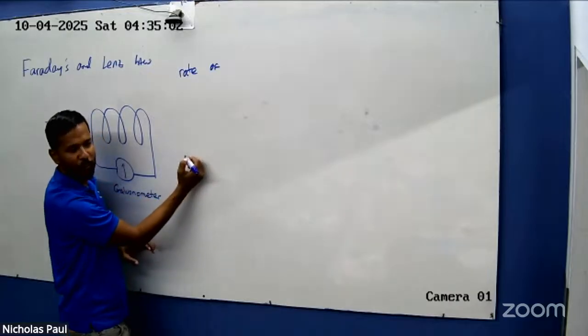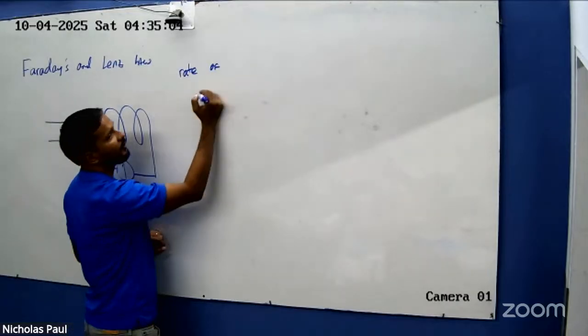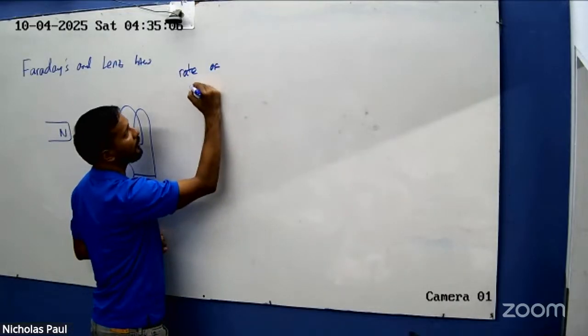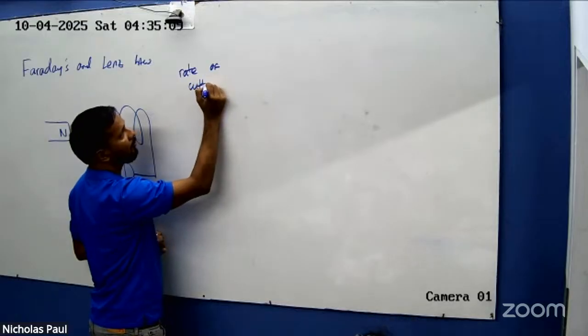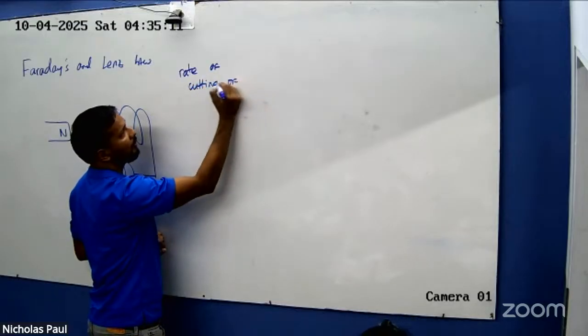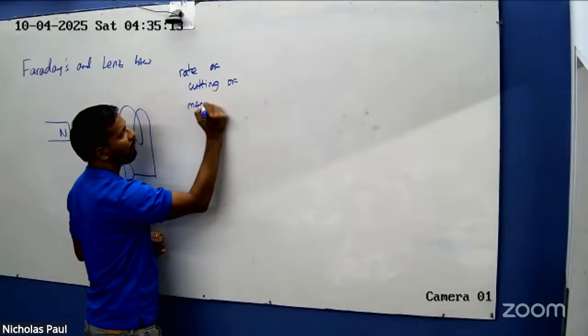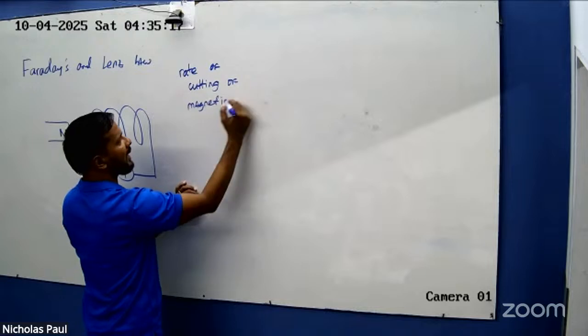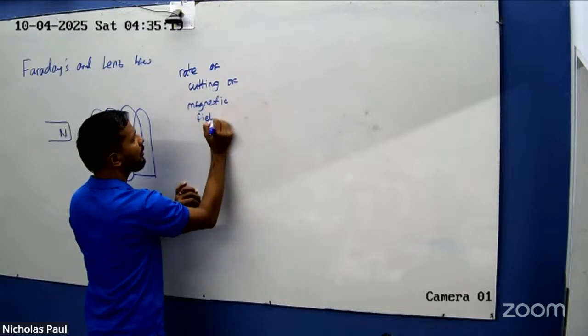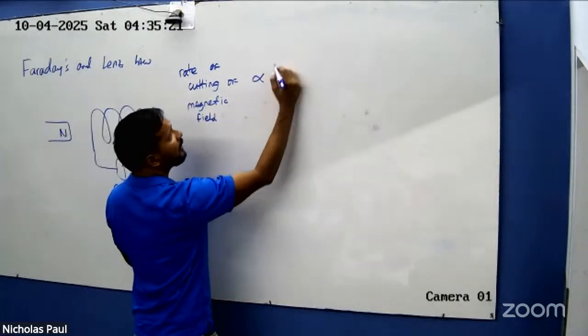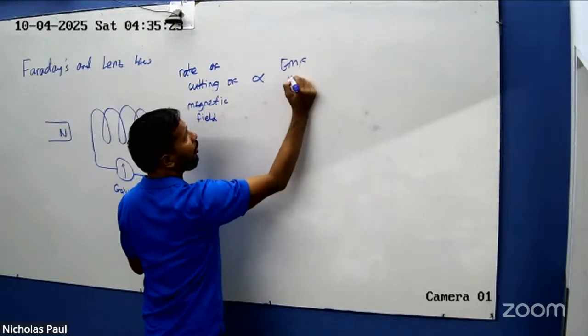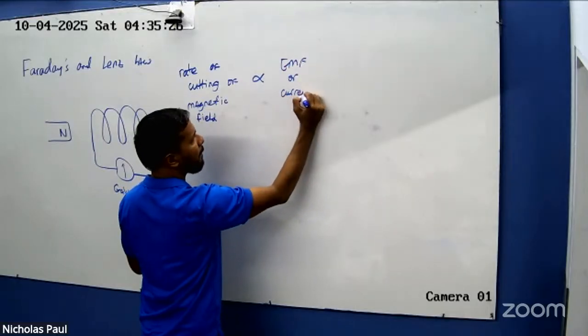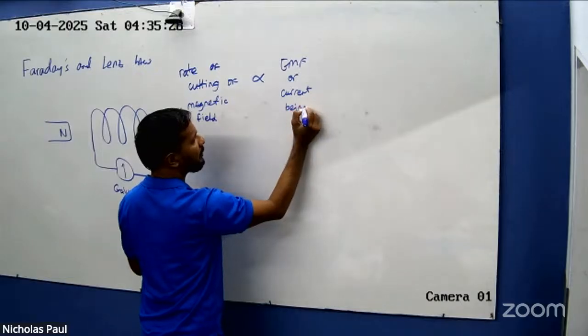EMF means voltage, electromotive force. So the rate of cutting of the magnetic field is proportional to the EMF or current being produced.